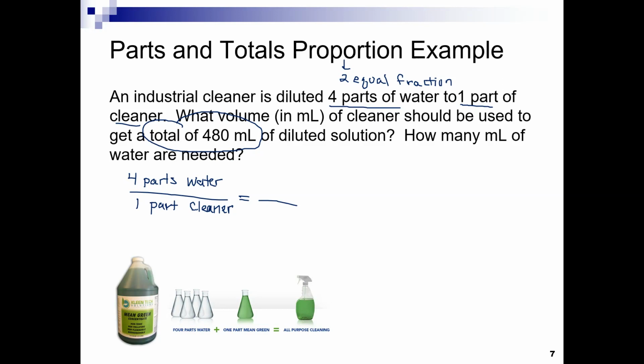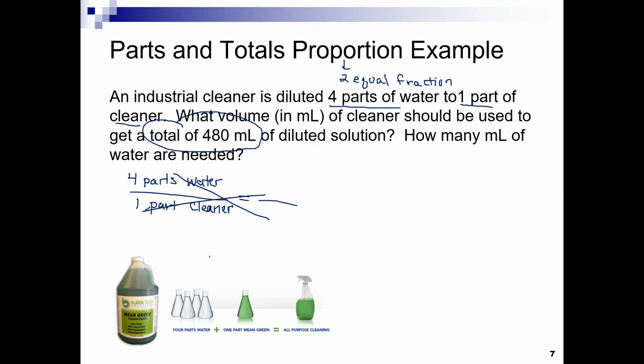And so I'm given a number, 480 milliliters total, and it doesn't match anywhere. I'm also not told the amount of water, and I'm not told the amount of cleaner, so I don't have any matching concepts to make 2 equal fractions. So I'm crossing out this initial thought because it doesn't work.